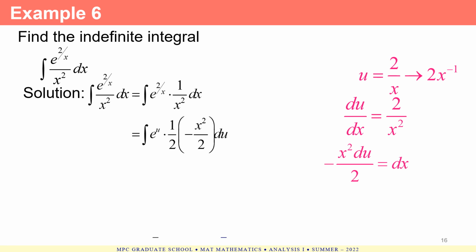So we can cancel out x squared, and then we can pull out negative 1/2. So the result is negative 1/2 times the integral of e raised to u du. And the integral of e raised to u du is e raised to u plus c. So our final answer here is negative e raised to 2 over x, over 2 plus c.